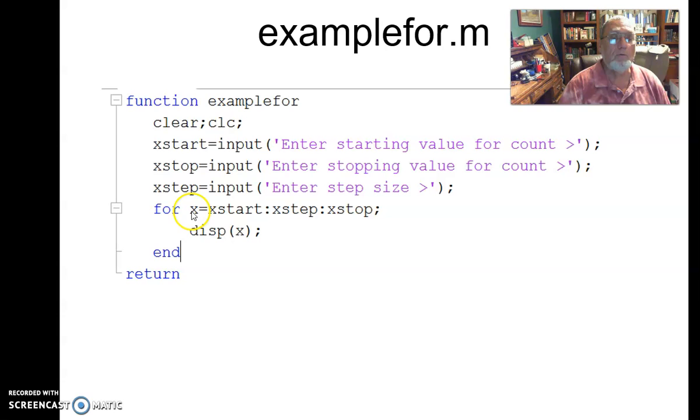So x would start at 1, do whatever while x is 1, so it'll display 1. Then it'll go back up and add the step. So 1 plus 1 is 2. Now it'll do it for 2, go back up and add the step. So it'll display 3, 4, and 5, and then it won't display anymore. Once it gets done, it'll go down to whatever's below your for loop.